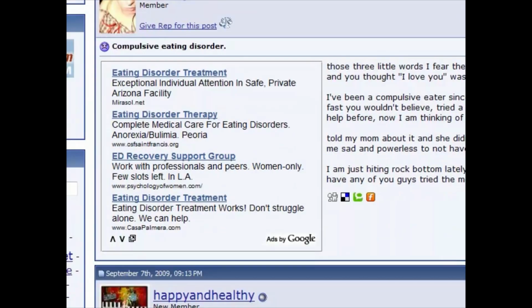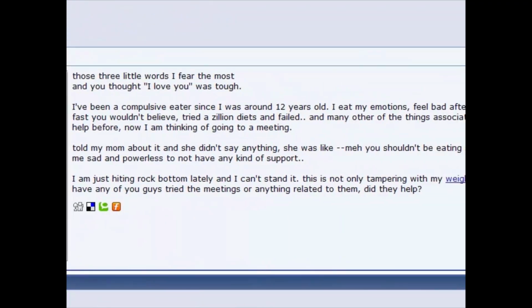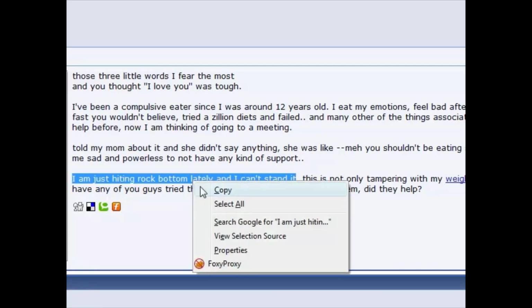Okay, here we go, like compulsive eating disorder. Around 12 years old, I eat my emotions, feel bad afterwards, and sometimes eat until my belly truly hurts. I'm hitting rock bottom lately and I can't stand it. That's good words. Those are the words I'm looking for.